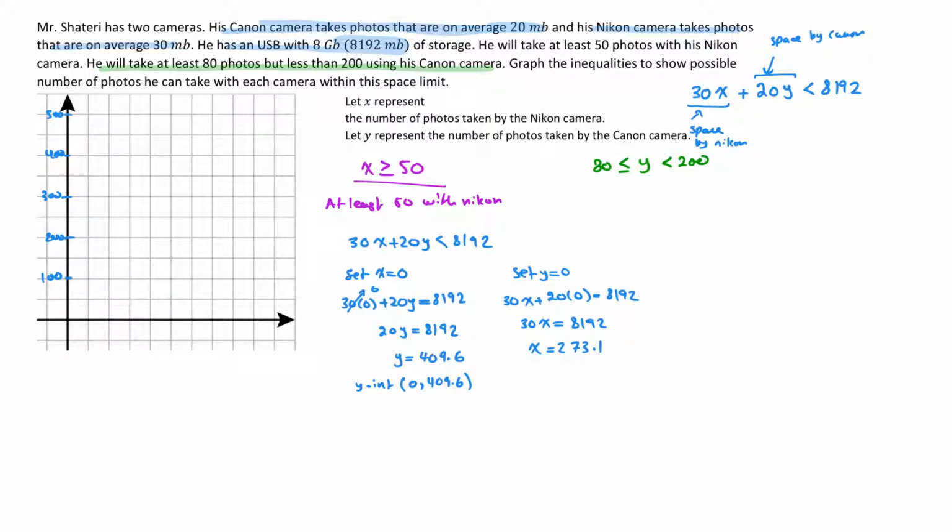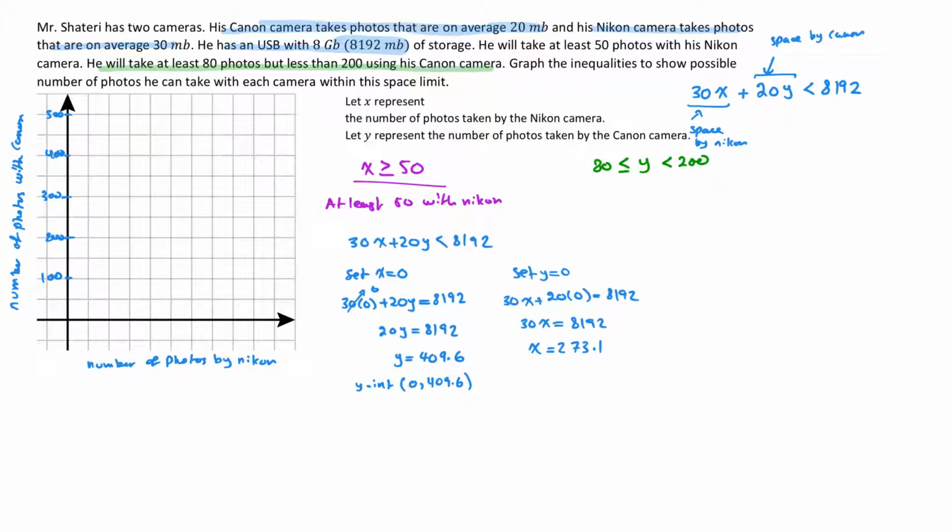And I will label my y-axis as number of photos with Canon. And my x-axis is number of photos by Nikon.